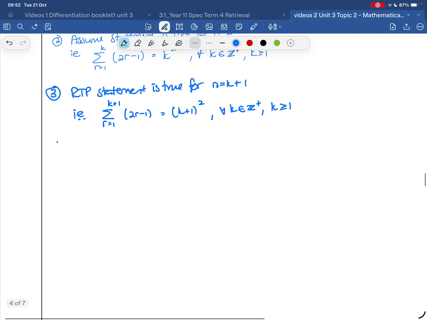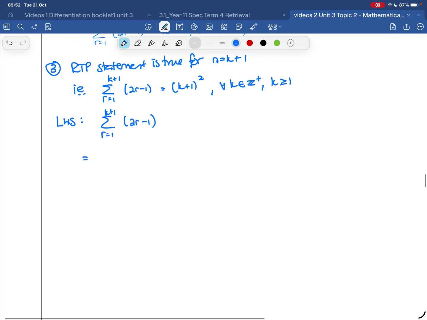All right, let's have a look at our left-hand side. So our left-hand side says our sum from r equals 1 to k plus 1 of 2r minus 1. Now, I know that that is the same as saying my sum from r equals 1 to k of 2r minus 1 plus, well, my next term after k is just going to be 2 times k plus 1 minus 1.